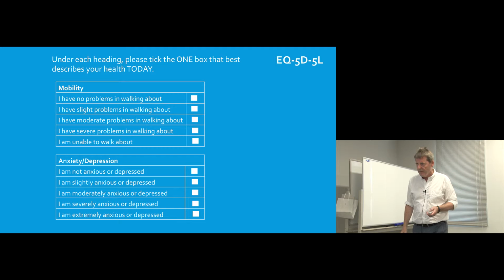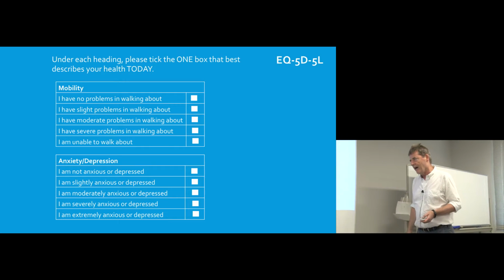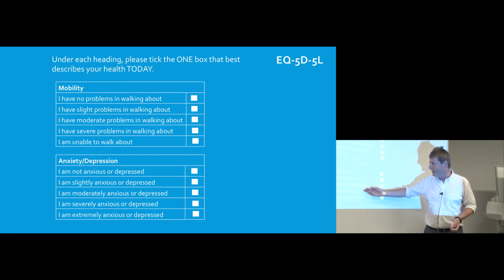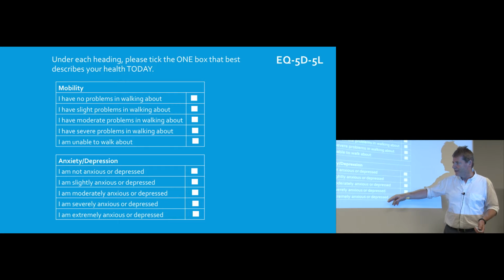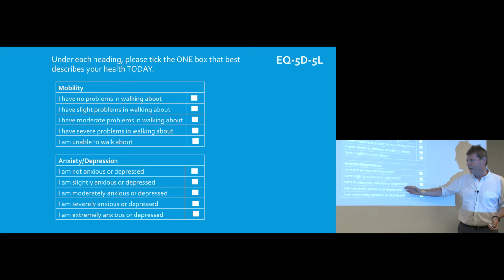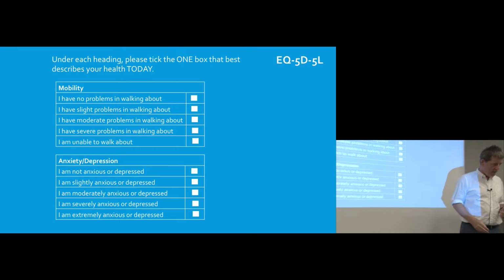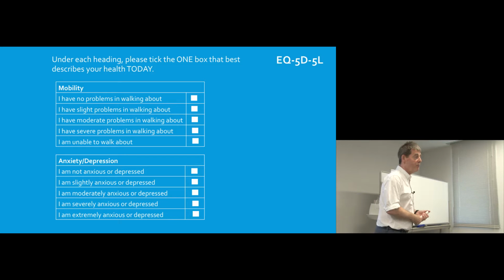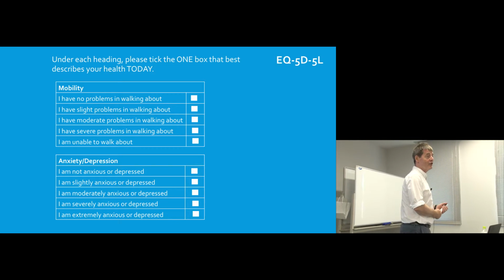Now, in the surveys in England, some individuals seem to have had a little difficulty distinguishing between severely depressed and extremely depressed. They didn't seem to have this problem in the Chinese version.